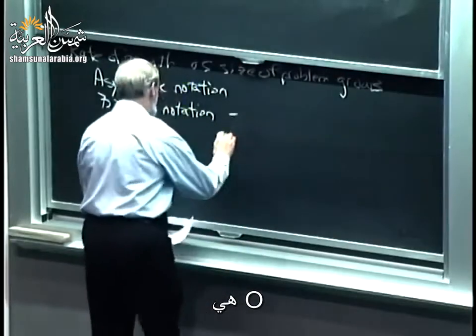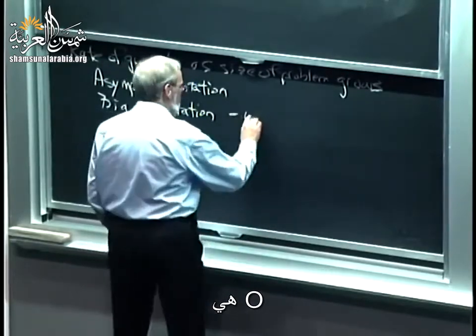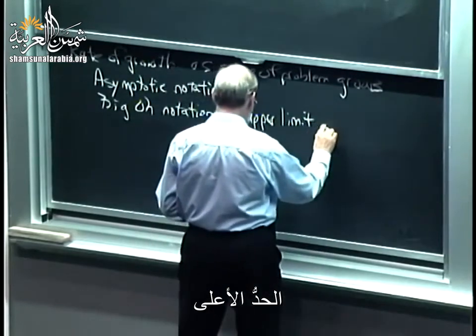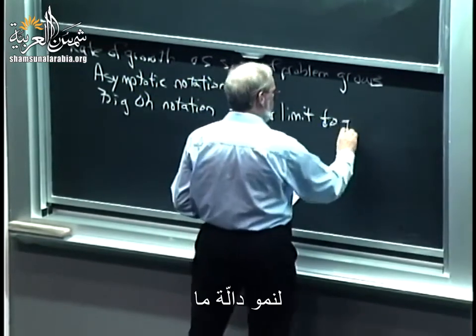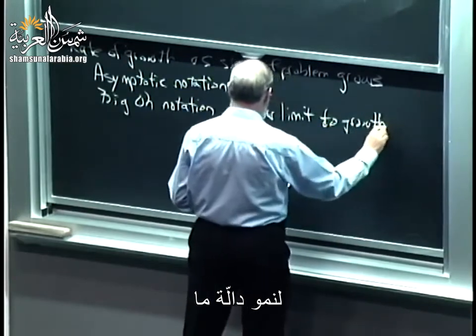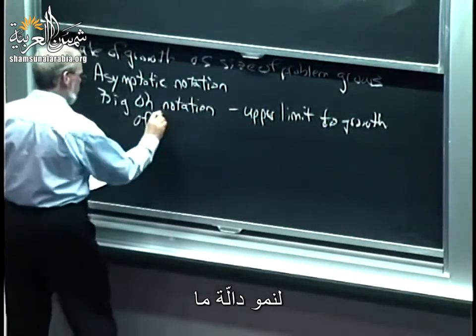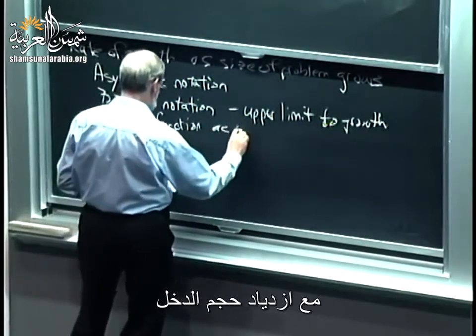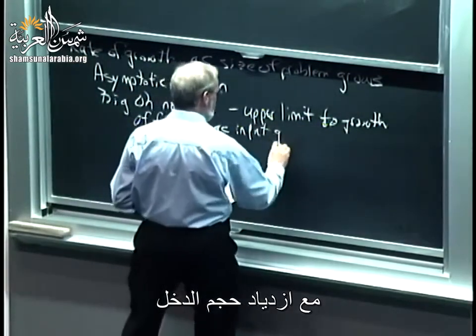Big O notation is basically going to be an upper limit to the growth of a function as the input gets large.